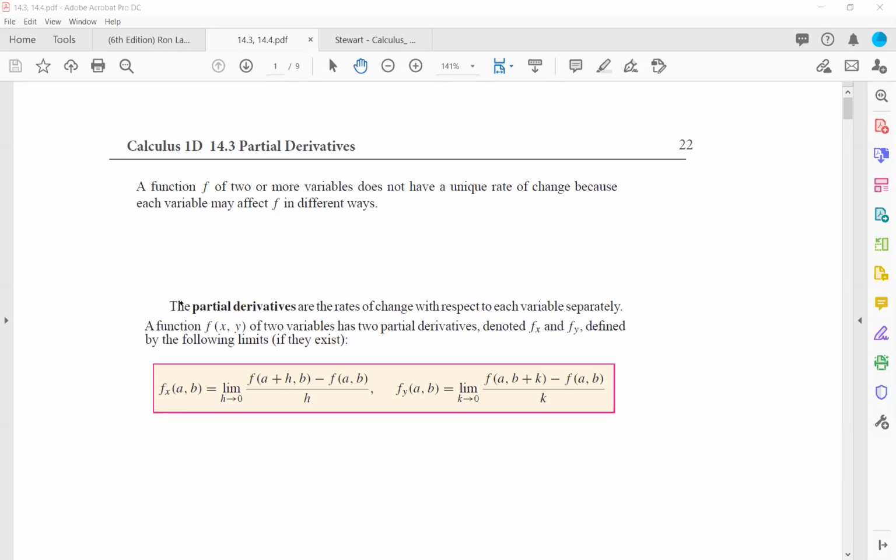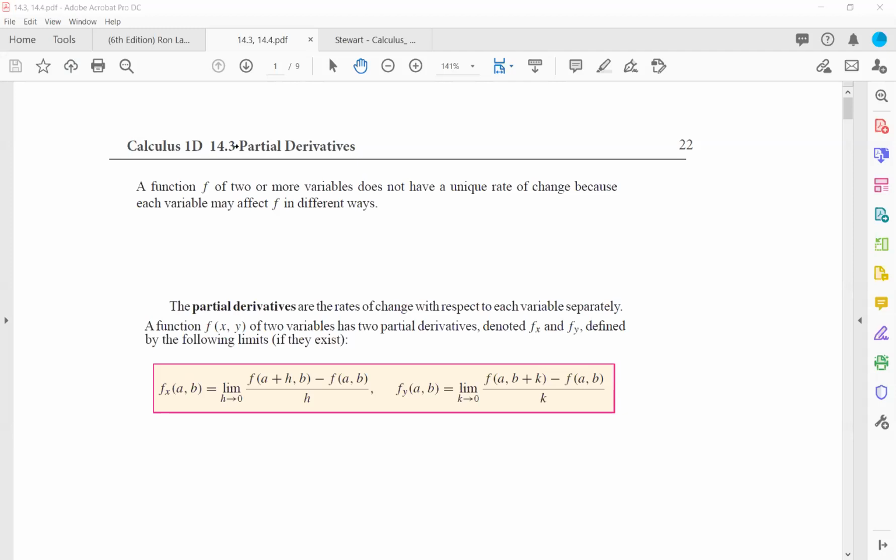F sub x, or the partial derivative of f with respect to x at point (a, b), is equal to the limit, using the definition of the limit of the function, of f of a plus h, comma b, minus the value of the function f of a and b, divided by h, as h goes to 0.